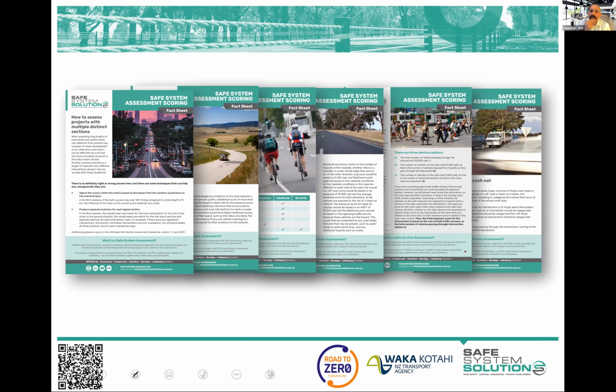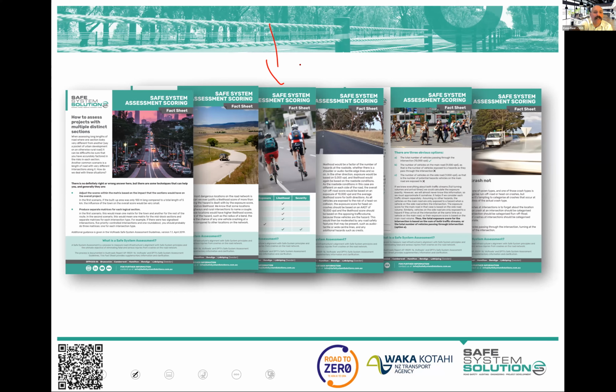So, doing lots of safe system assessments, and then trying to get everybody that we're teaching to do safe system assessments on the same page and doing a consistent assessment, we discovered a few areas that were particularly challenging for people to categorize. And so we've started to create a series of fact sheets on these different things.